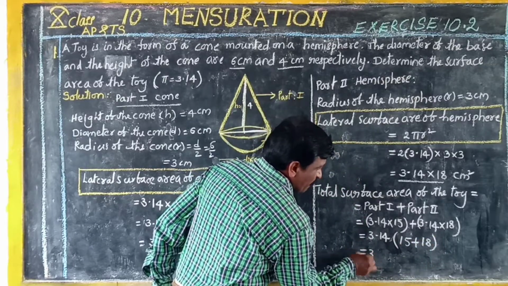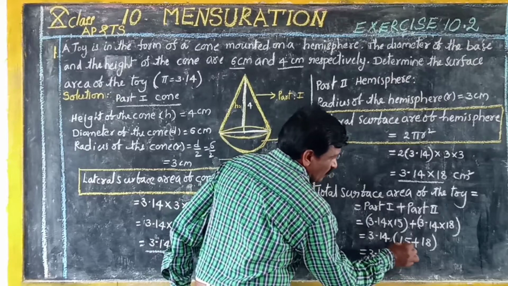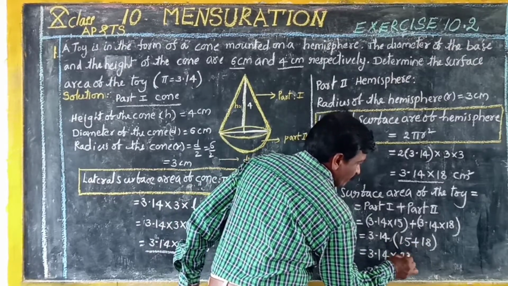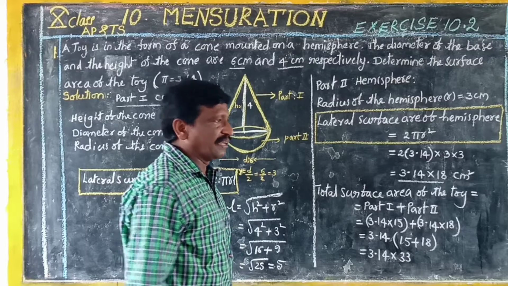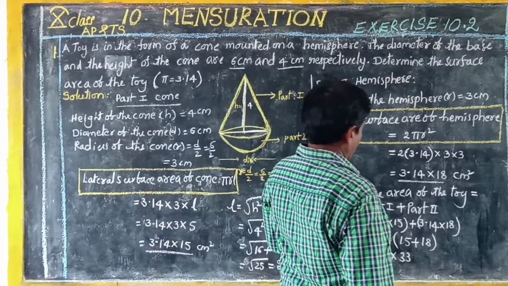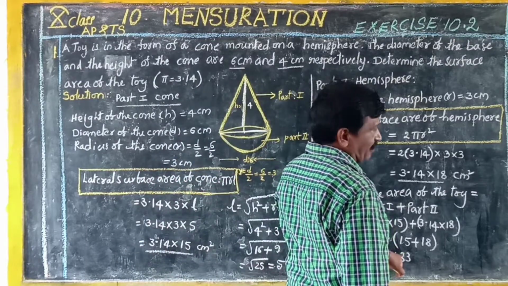So 3.14 into 33, since 15 plus 18 is 33.